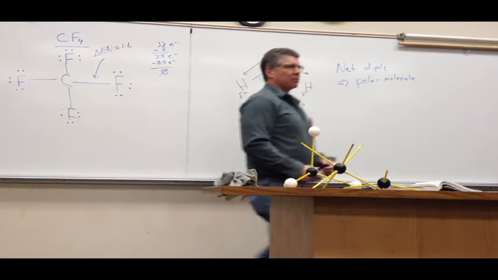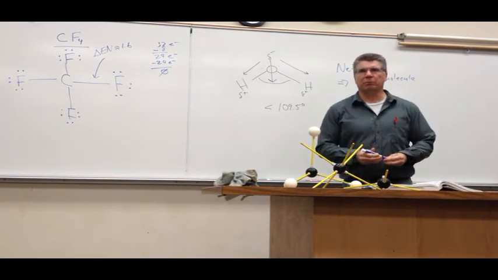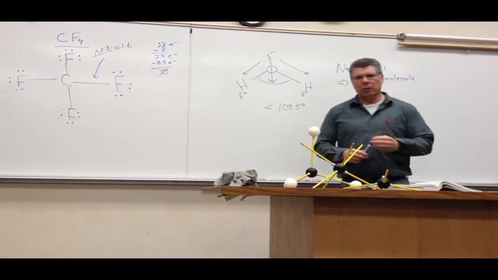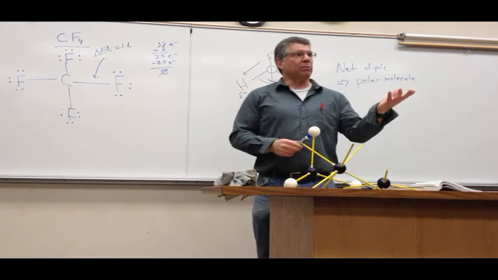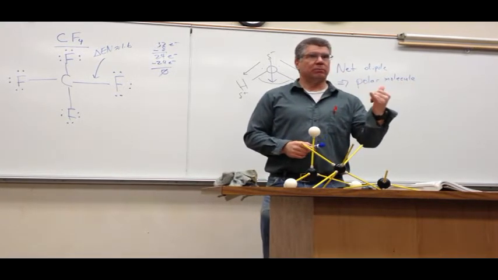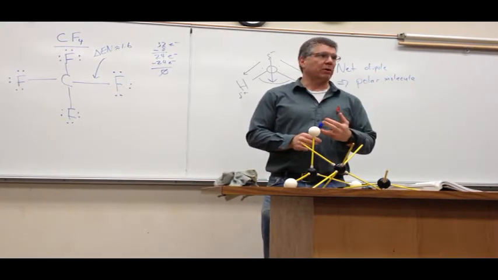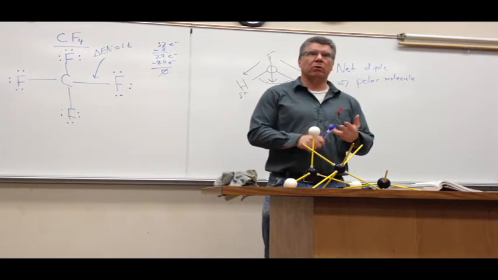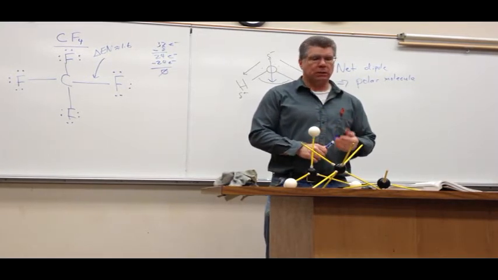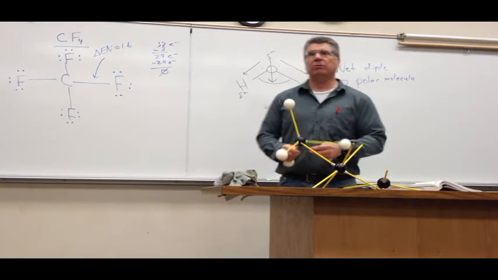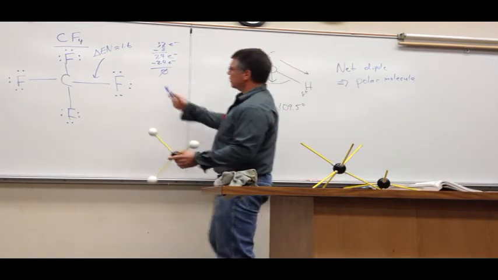So the difference in electronegativity is around 1.6, somewhere in that neighborhood. What kind of bond is it making? Remember how we classified the bonds? Polar covalent, right? There's covalent, polar covalent, and ionic, depending upon the difference in electronegativities. So this is a polar bond.